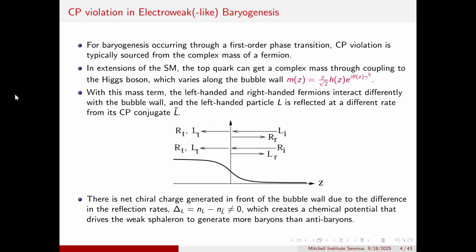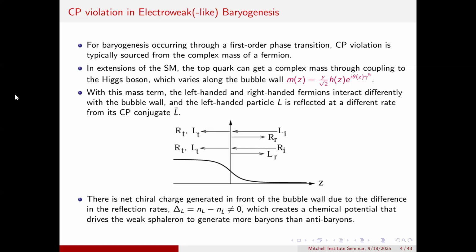With this mass term, because we have gamma 5 here, the left-handed and right-handed fermions interact differently with the bubble wall. Also, the left-handed particle interacts differently from its CP conjugate, which I call L bar. As a result, the left-handed particle is reflected at a different rate from its CP conjugate.